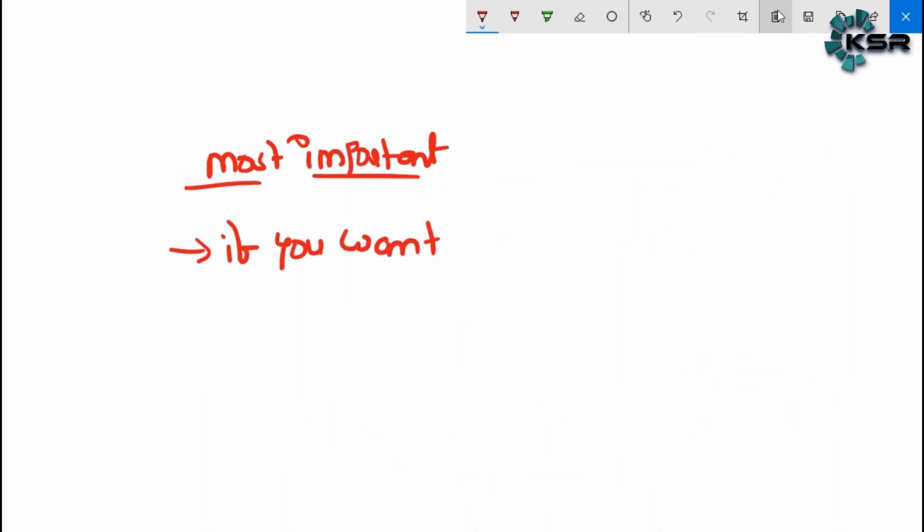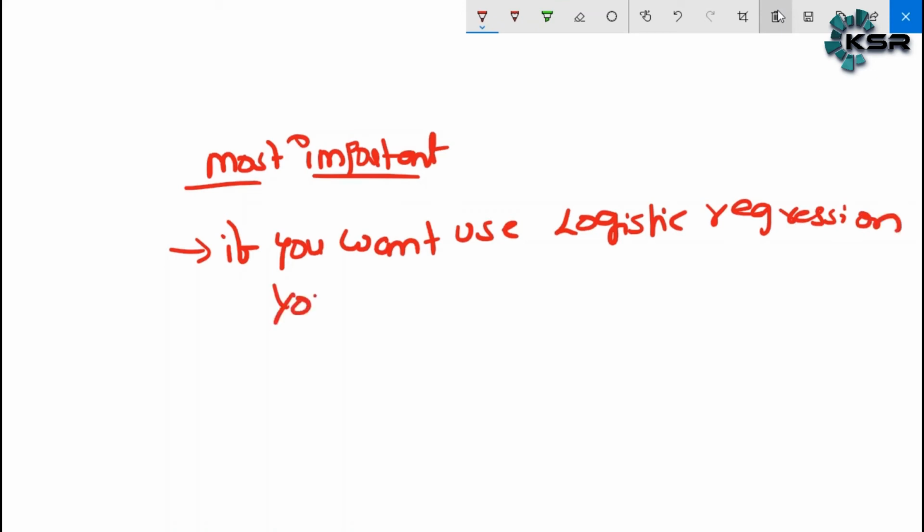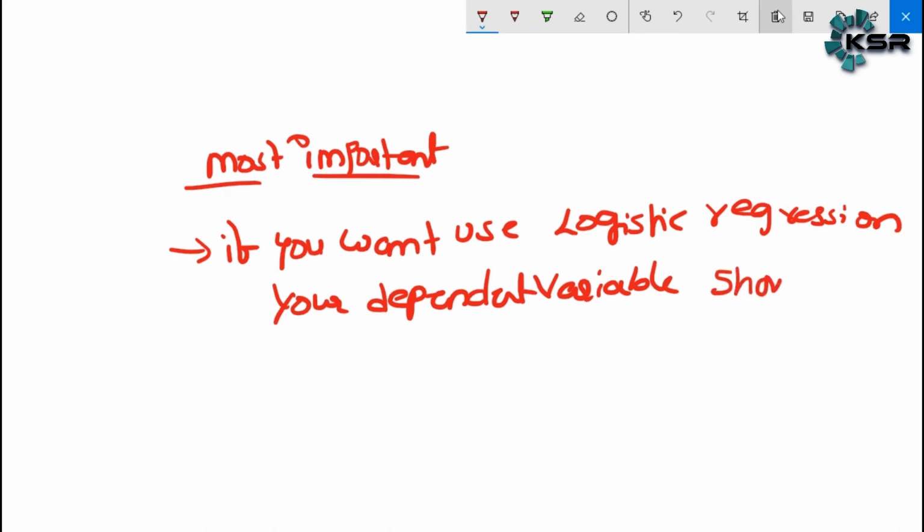The most important point: if you want to use logistic regression, your dependent variable should be binary in nature.